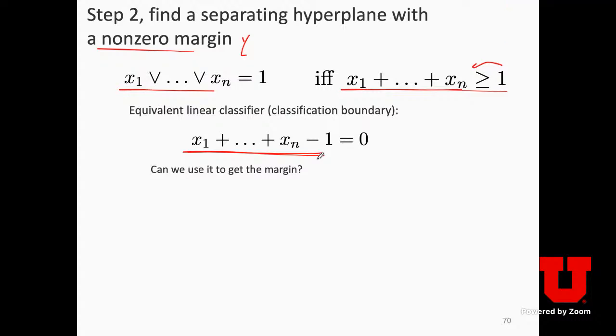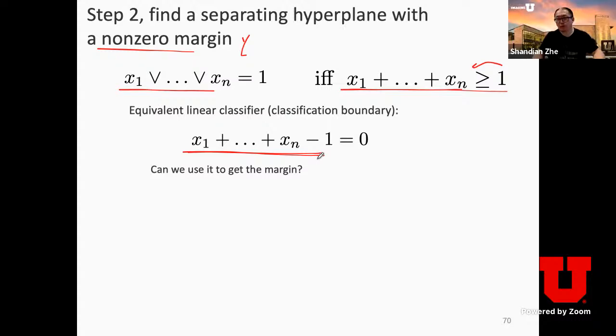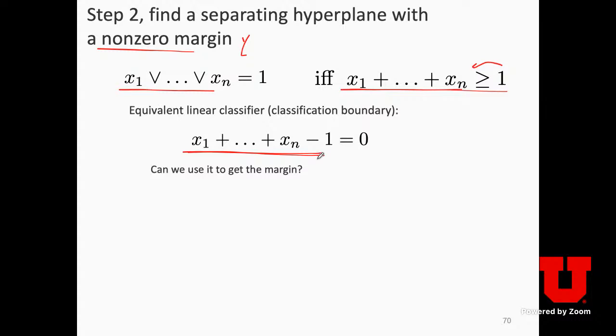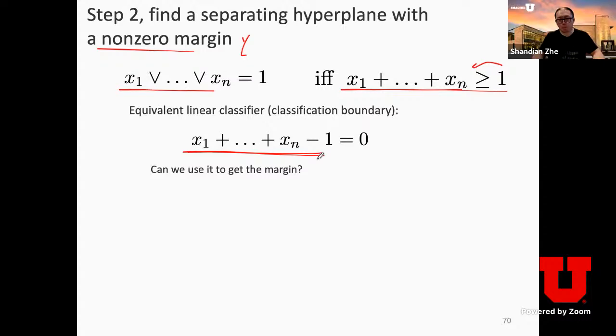Wouldn't this just be the case where W is equal to all ones and B is -1? Yes, of course. I just want to confirm if it is usable.